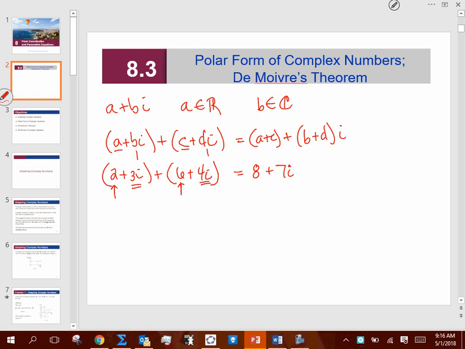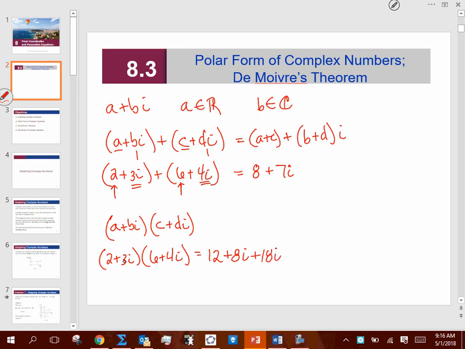So that's the rule that we've talked about in the past with addition. Subtraction, same thing, except now you subtract, right? Do you guys remember doing a plus bi times c plus di, what that's going to look like? If I go 2 plus 3i times 6 plus 4i, remember how to do that? It's a binomial times a binomial, so you got to do what? FOIL. So 2 times 6 is 12. 2 times 4 is 8, and we've got the i there. 3 times 6 is 18, so we got the i there as well.